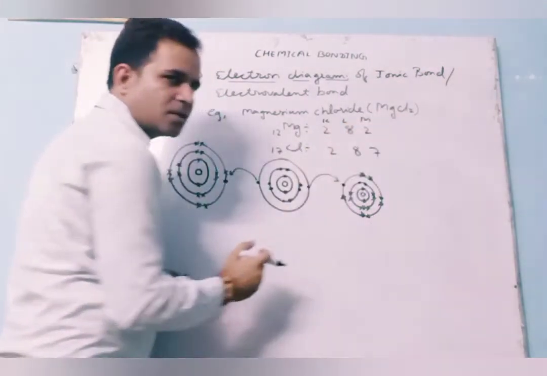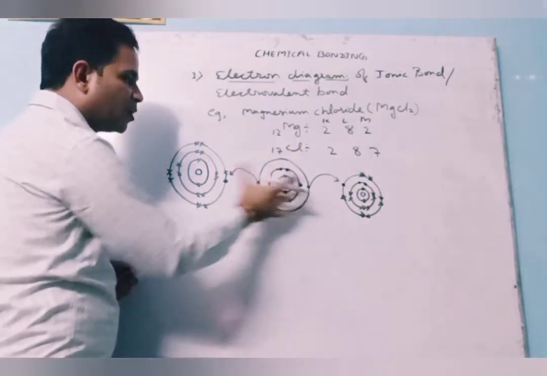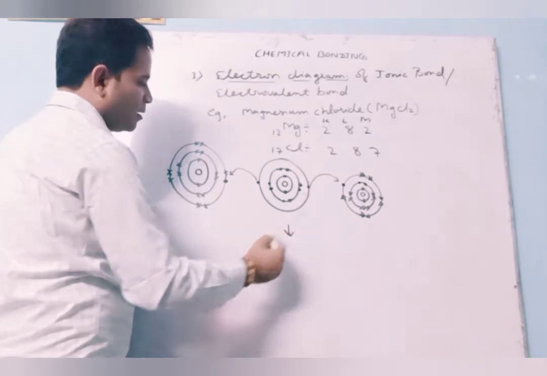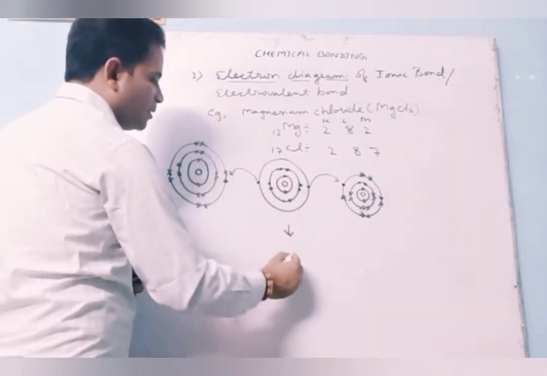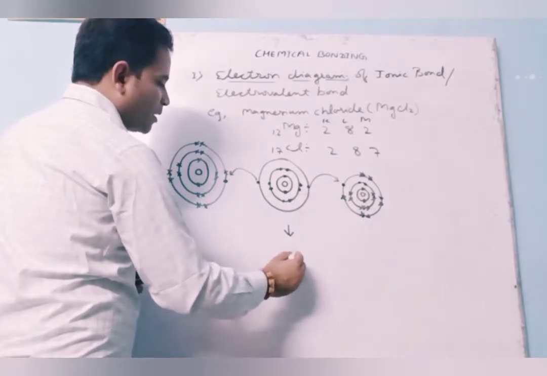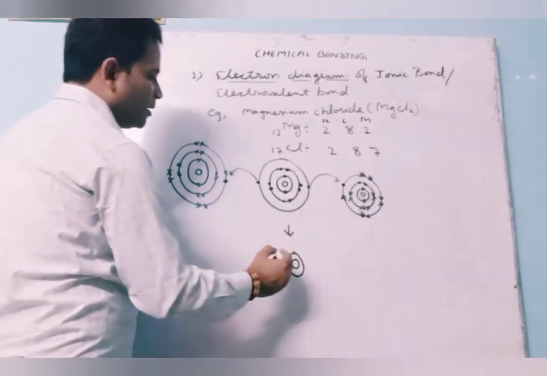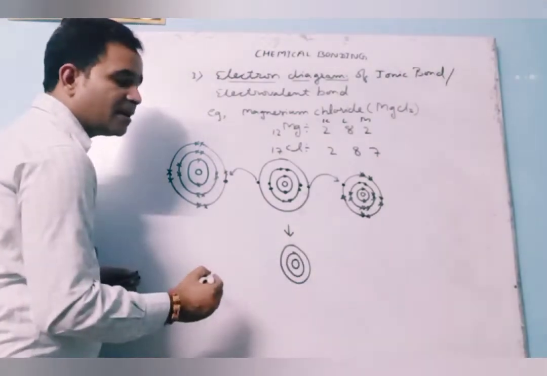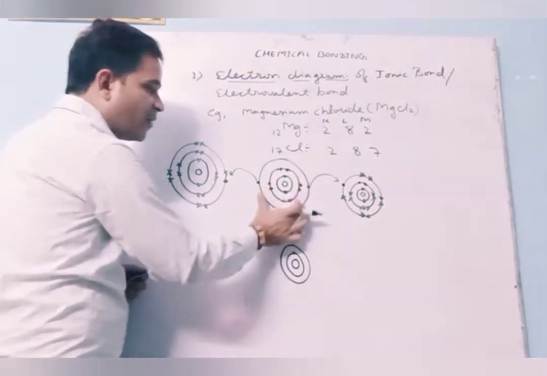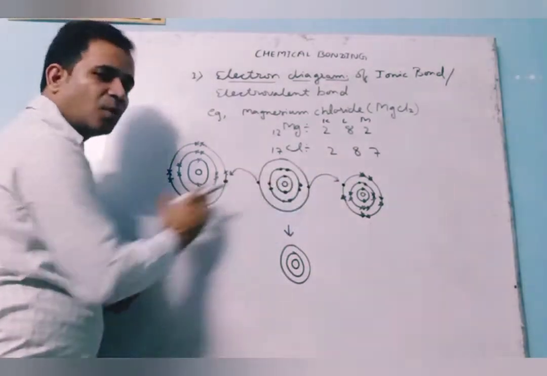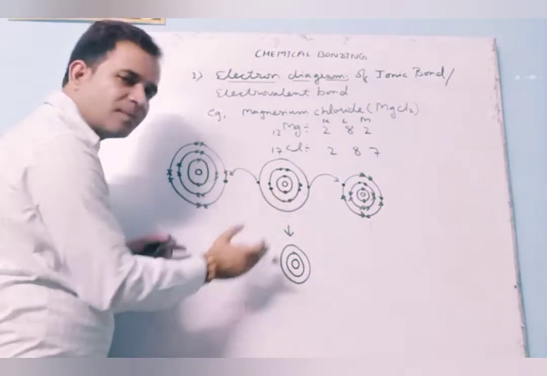If 2 electrons are lost from there and chlorine gains 2 electrons, so see what happens when this one is lost. Only the 2 cells remain here. Why am I saying 2 cells remain here? Because the valence cell which contains 2 electrons loses 1 electron on both sides. That is the 2 atoms of the chlorine.